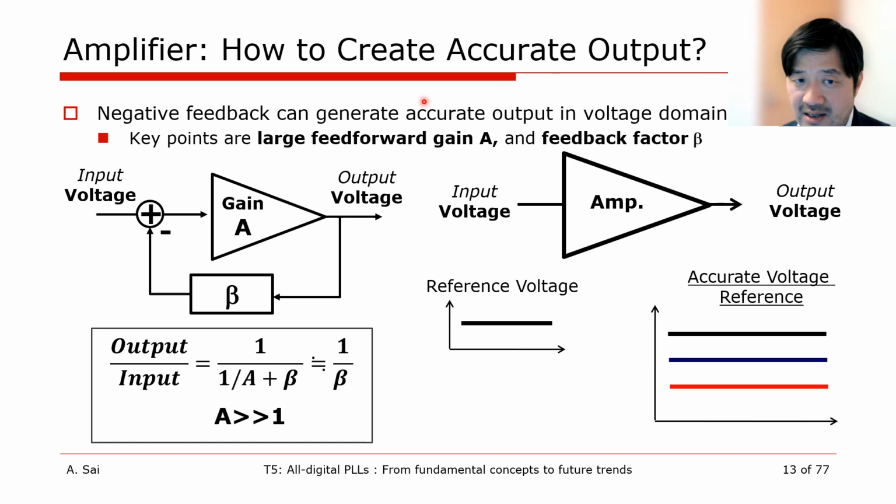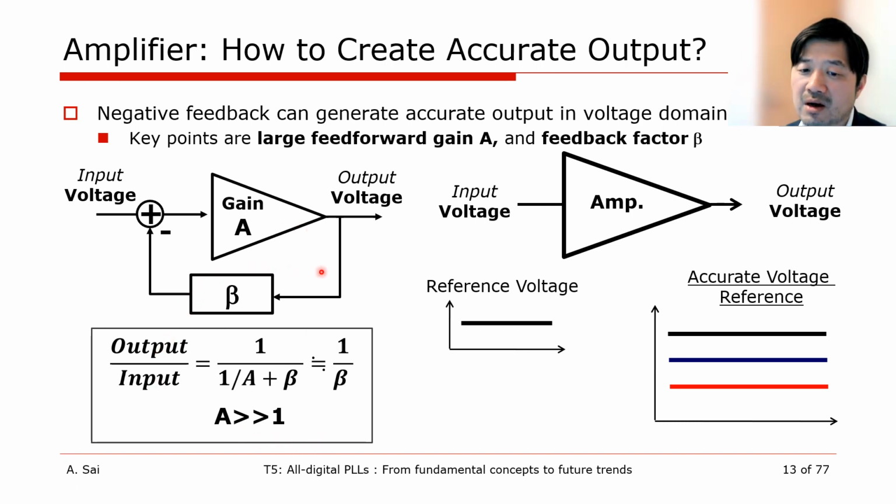In other words, prepare a clean standard reference that does not fluctuate and follow that the output as much as possible through feedback. By increasing the feed-forward gain, the input and output relationship is determined only the feedback coefficient.